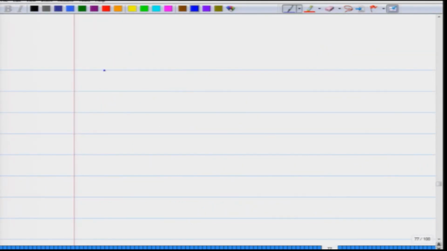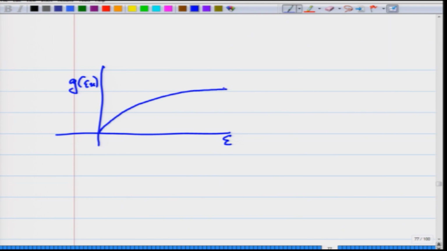So, if I plot G(E) versus E, it goes as E raised to half, but a more important quantity is how many of these states are actually occupied.